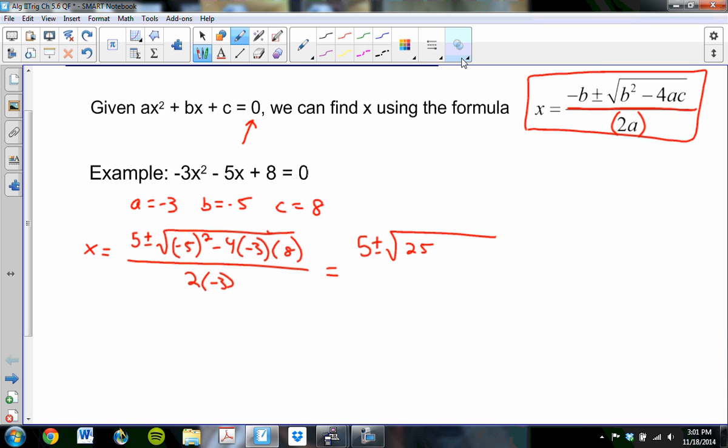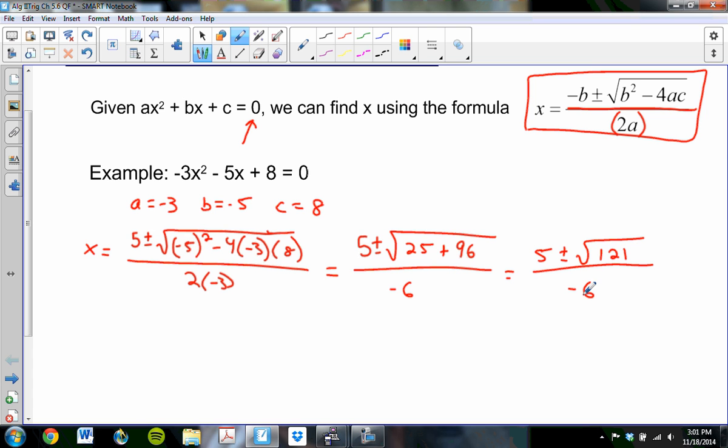Positive 12 times 8 is positive 96. I'm going to put that over 2a, which is negative 6. Well, 25 plus 96 is 121. And that's still over negative 6.